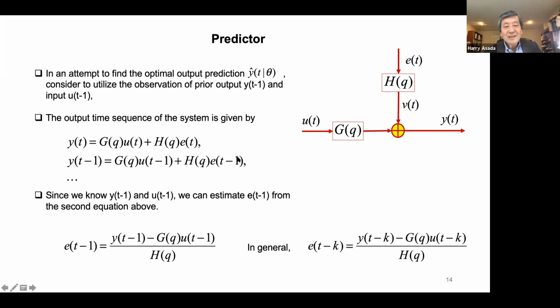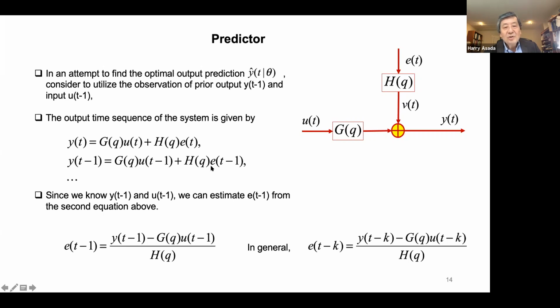However, if we look at e(t-1), since we can observe y(t-1) at time t when we would like to predict the output, and we know what input we provided, these are known.